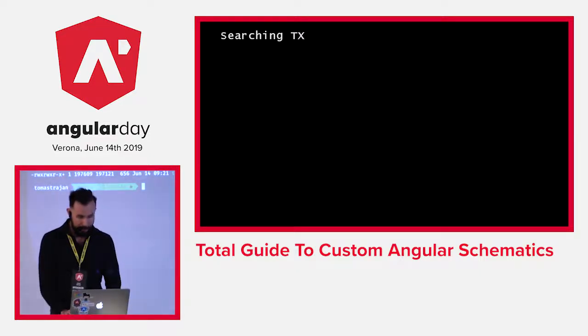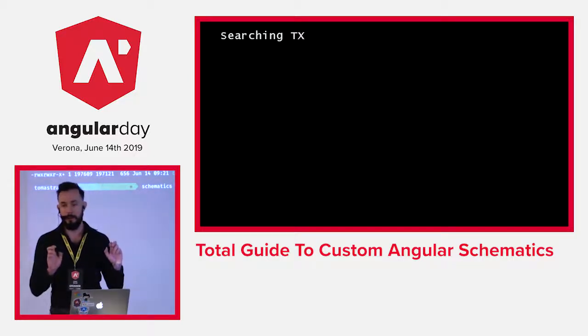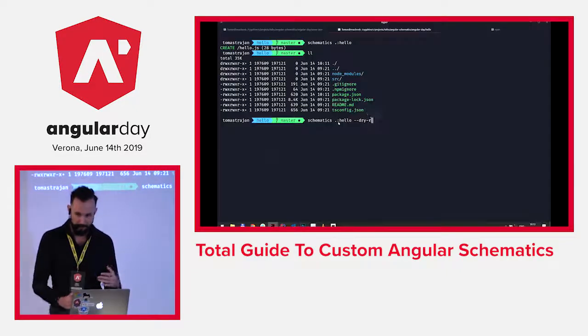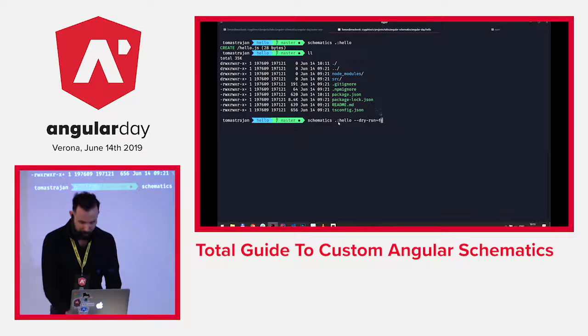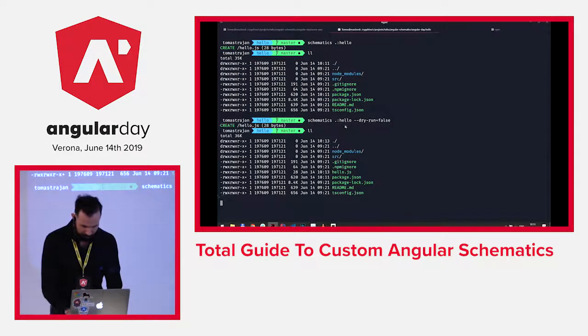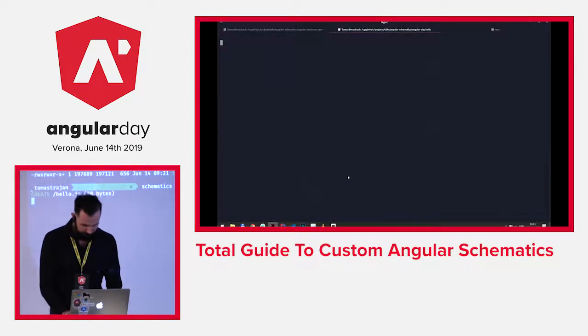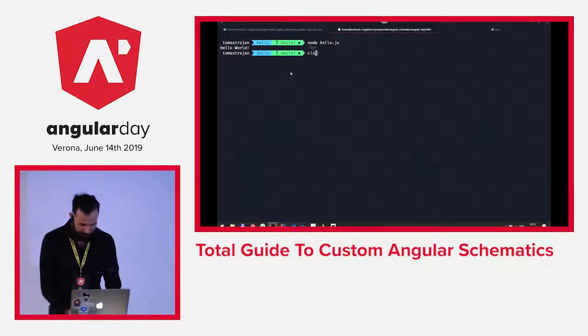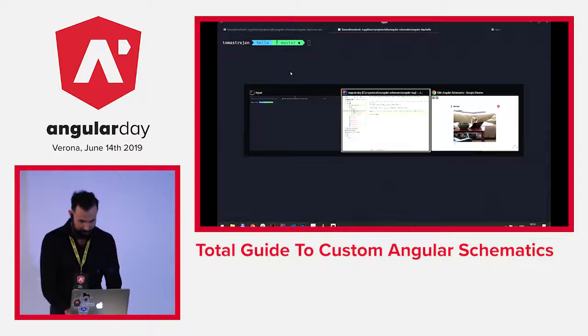So the thing is, whenever you run this schematics with a relative path, it puts you into the development mode to prevent any kind of disaster when you destroy half of your disk or something by overwriting stuff. So you have to actually provide a flag which says dry run as false. And now when we list the directory, we see the hello.js is here, and when we run it, then we will see hello world. So that's cool, that's what we want.